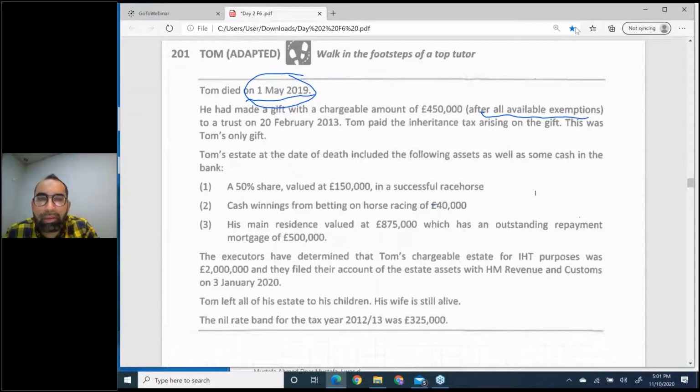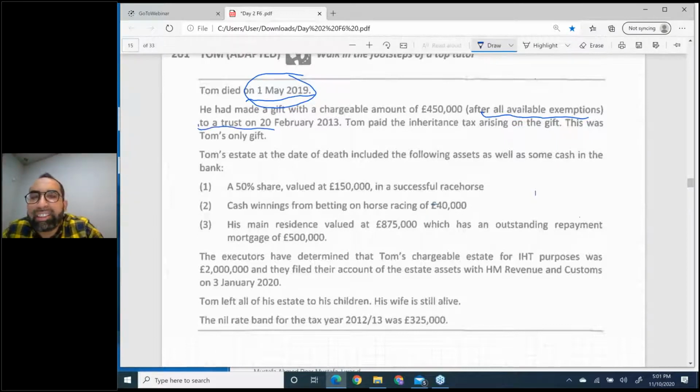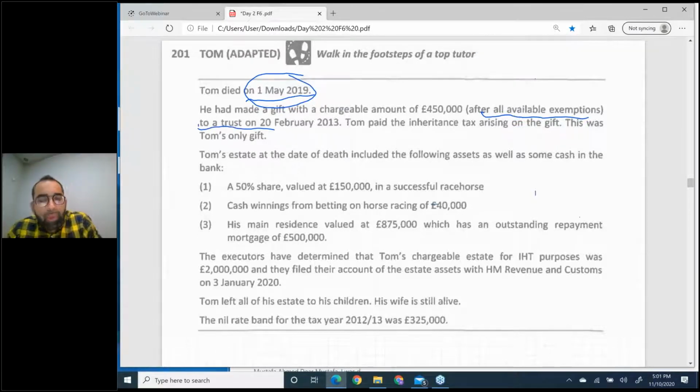The gift was to a trust, so it's a CLT. For a CLT you have to pay lifetime IHT, the first installment, and for the first installment there are two options: either the donor can pay or the trustee can pay.